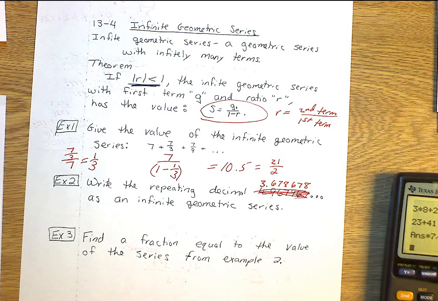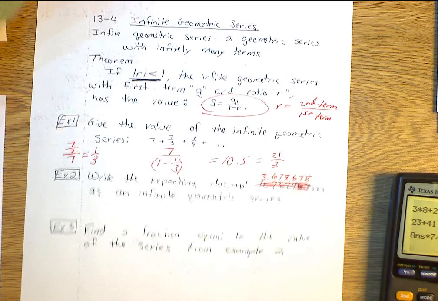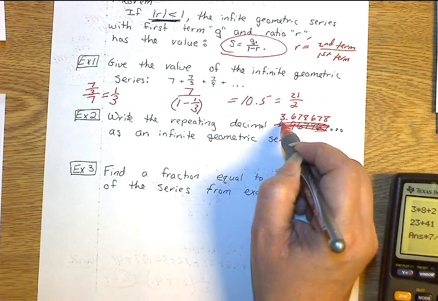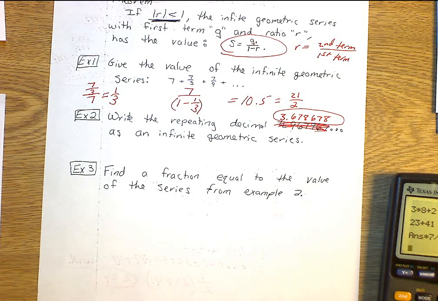That's an infinite geometric series, and that's why it can be written as a fraction. So we're going to take what we learned today and write it as a series and then write it as a fraction. The first thing is, can you tell me from this number what is the thing that's repeating?